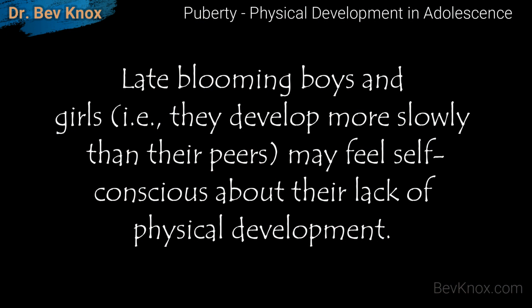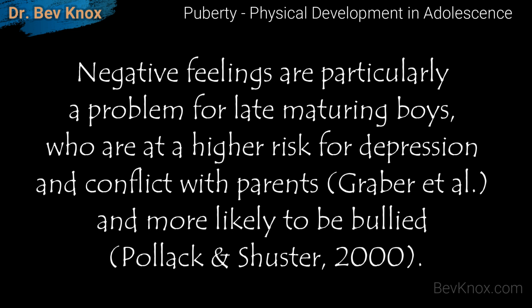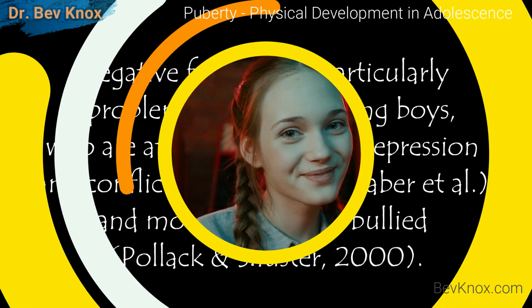Now, late blooming boys and girls, well, they develop more slowly than their peers, as we know. They may feel self-conscious about their lack of physical development. Negative feelings are particularly a problem for late maturing boys, who are at higher risk for depression and conflict with parents, and more likely to be bullied.